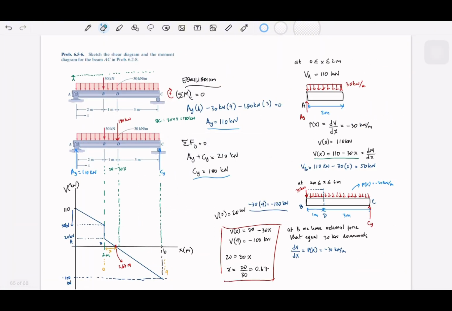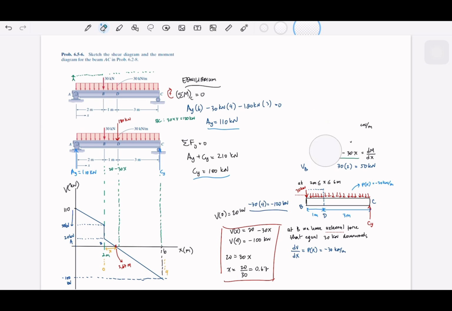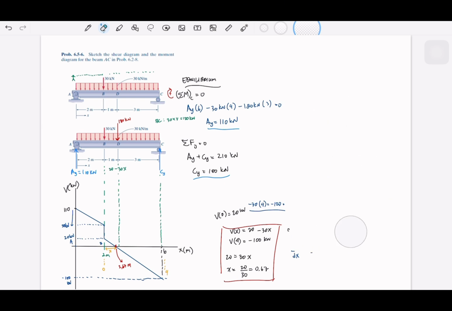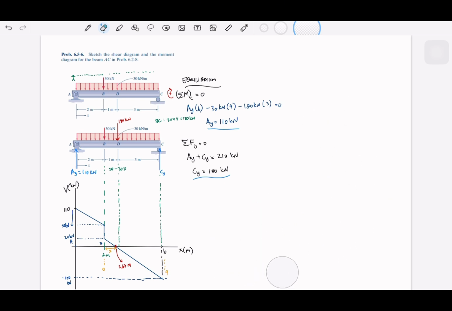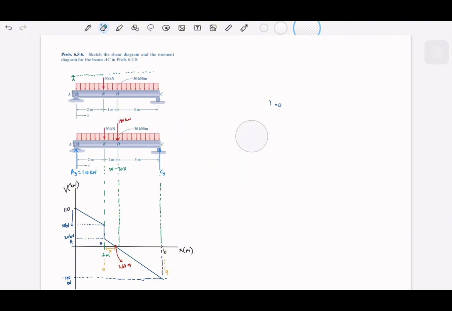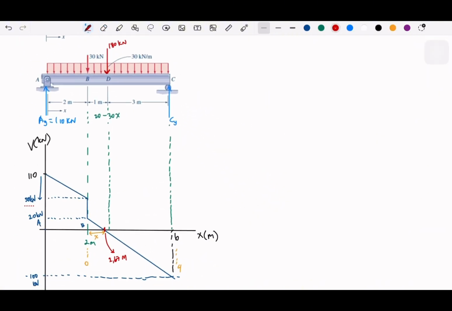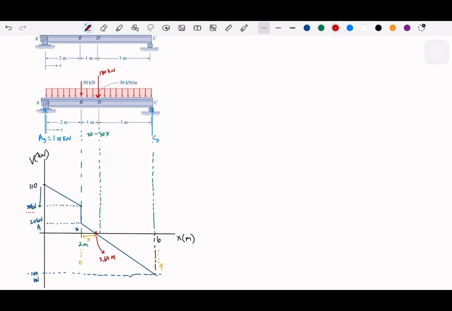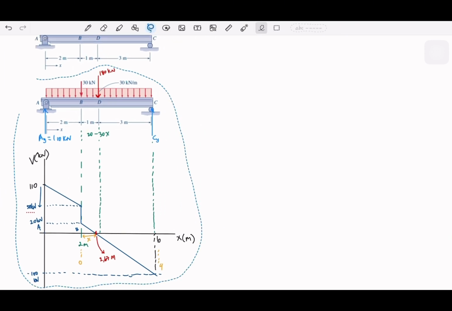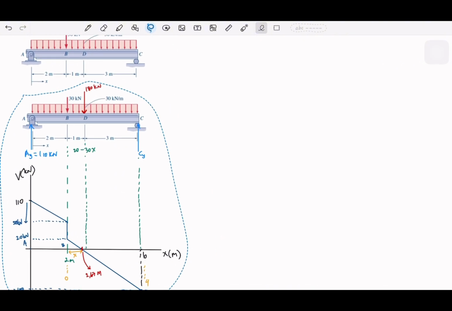And then let me erase on the right side. Okay, you can refer to the previous one. I will focus now on the moment. Okay. So I will put all of this in right side.